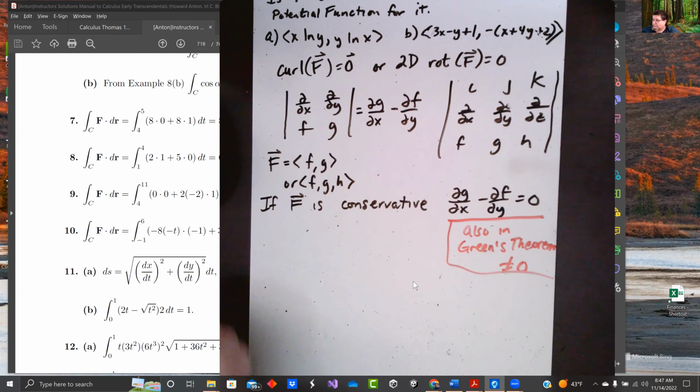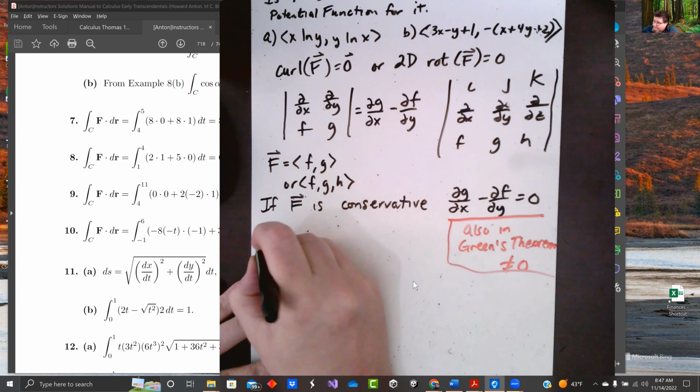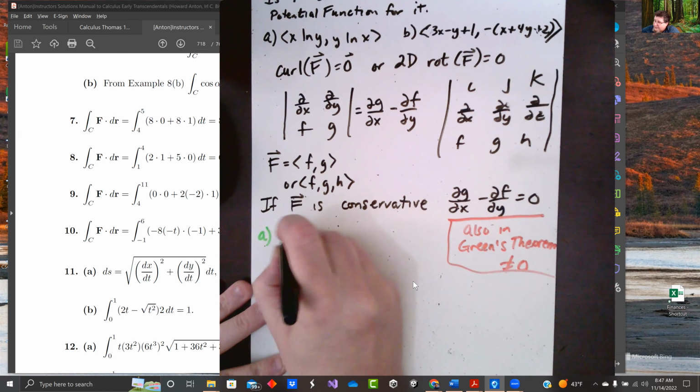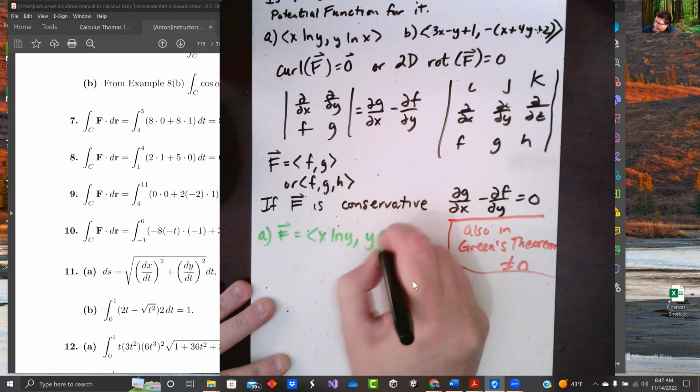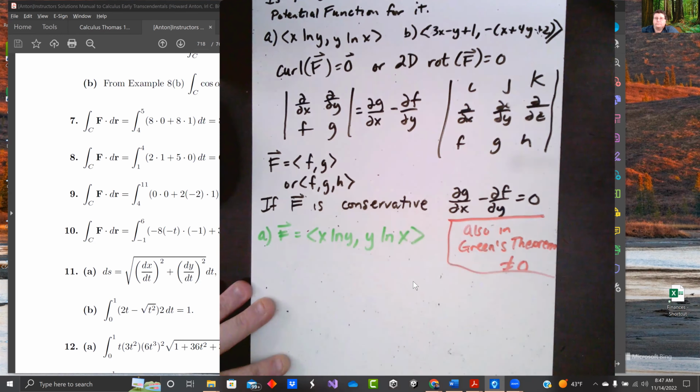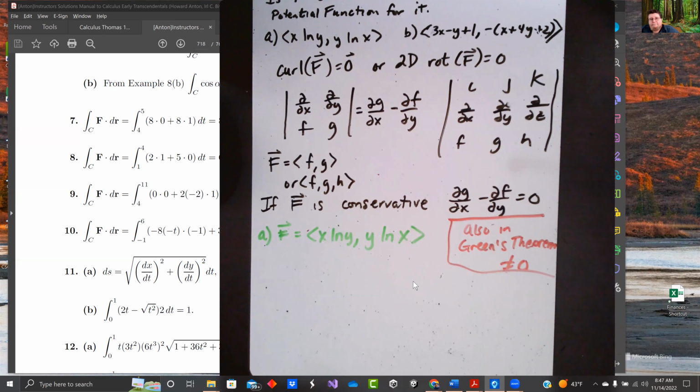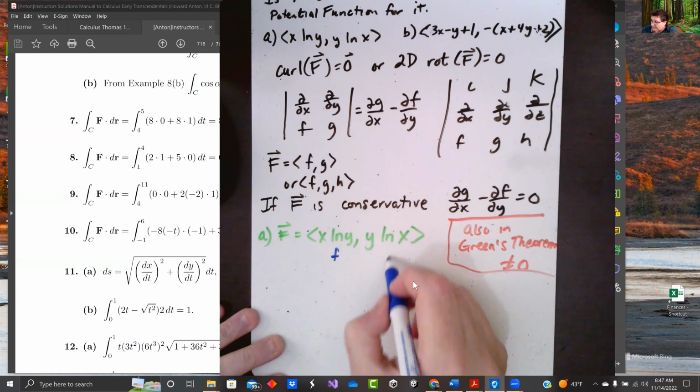So let's take a look at what we're doing. We had f equals x ln y, y ln x. This is my f and this is my g.